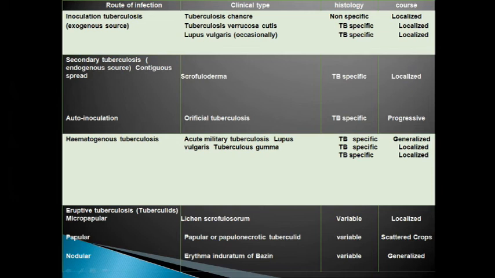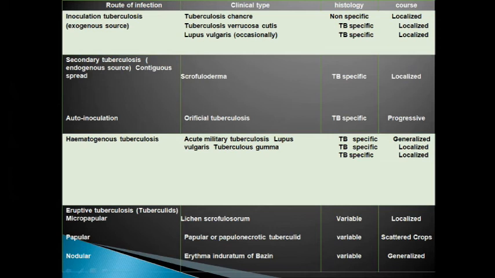One very common condition caused by continuous spread is scrofuloderma. Apart from it, there is autoinoculation: you get a prick, the bacteria are inoculated into your skin, and the skin starts showing small lesions which slowly grow in size and become a tubercular lesion.